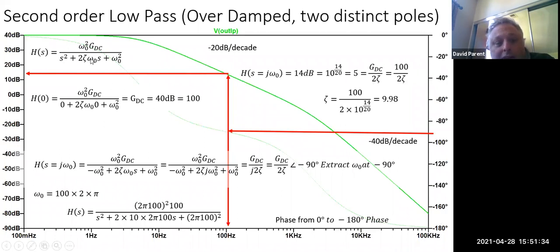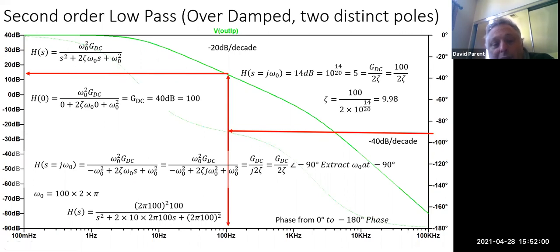Again, it doesn't really matter. I just have to set s equal to 0, and the omega naught squareds will cancel out, and I'll get the DC gain of 40 dB, which translates into 100. All right. I have omega naught just by looking at where it's intersecting at -90 or doing the asymptotic method.